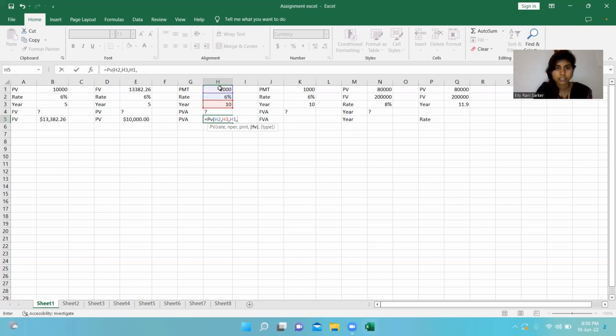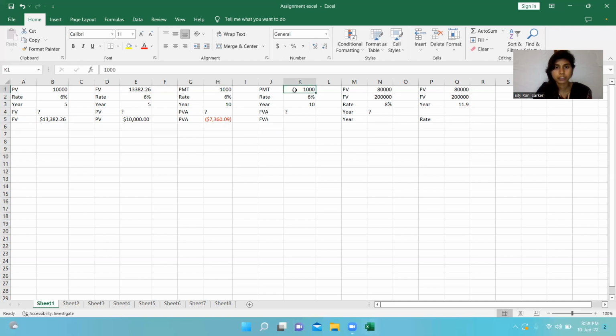Here FV is not here, so write 0, type equal 0 and close the bracket and press enter. We get our answer 7360.09. Then we calculate the future value of annuity.